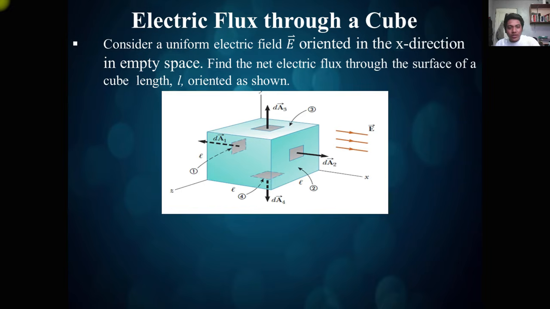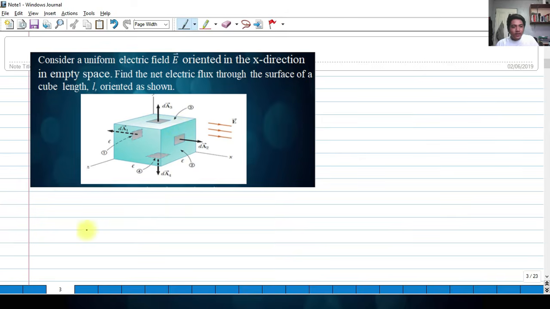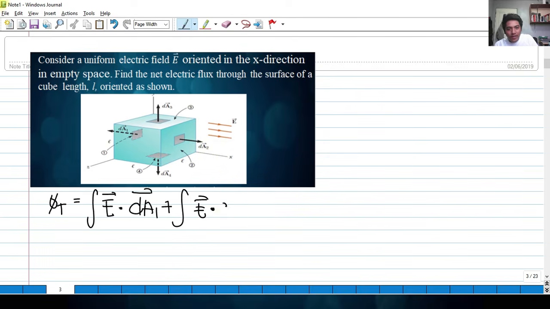So what are we going to consider in calculating the total flux? The total flux in this cube is simply, since this is in terms of differential areas, differential area 1 and differential area 2, we can use the integration definition of the electric field dot product dA sub 1, that is a vector, plus the integral of the same electric field vector dot dA sub 2.